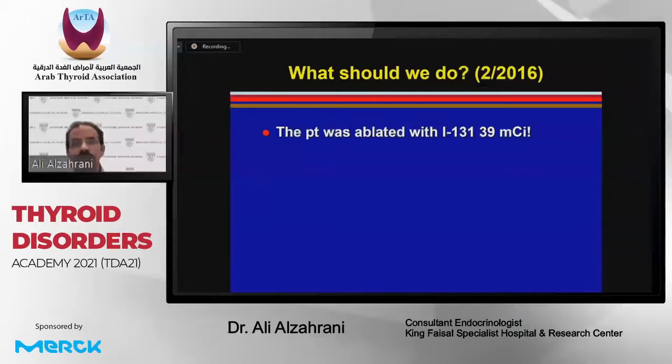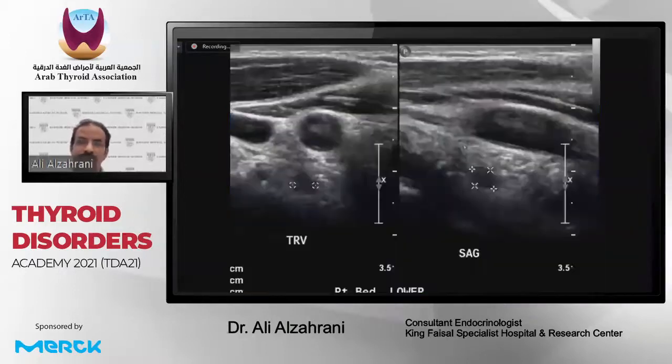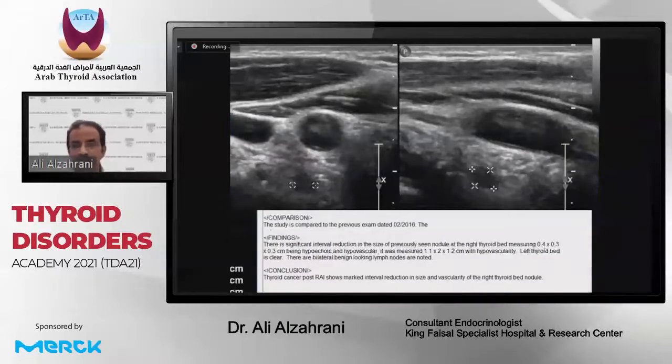So we chose to give this patient radioactive iodine, again, weighing the risk versus benefit. And we gave her actually a relatively small dose, only 39, because her uptake was significant, 6%. This is actually her ultrasound after around 10 months. It has shrunken big time. You can see the report here from 2 centimeter down to 4 millimeter.